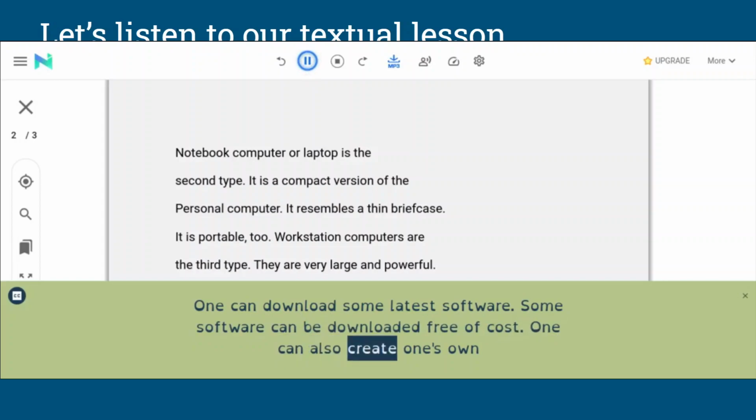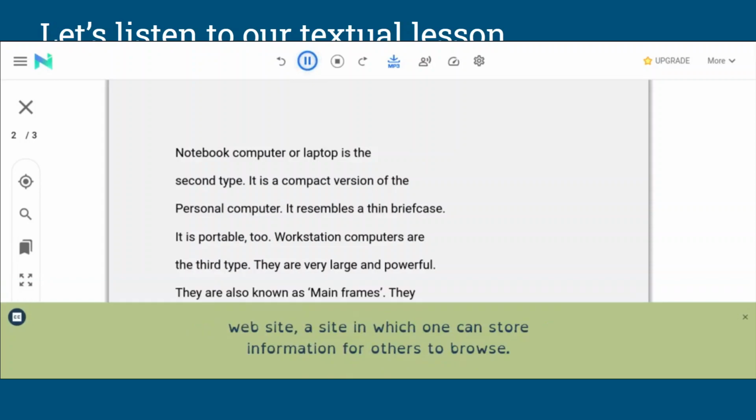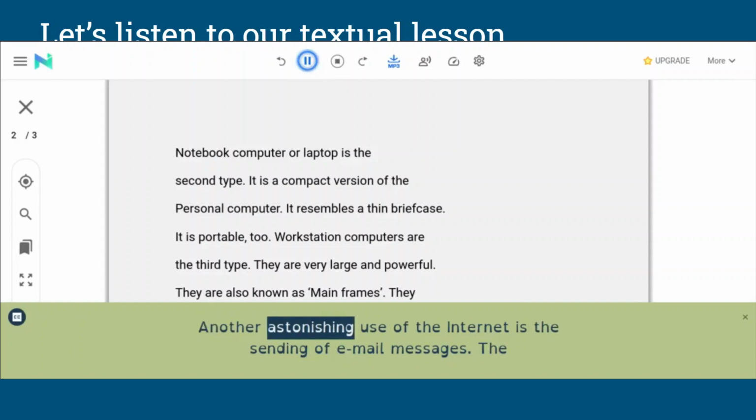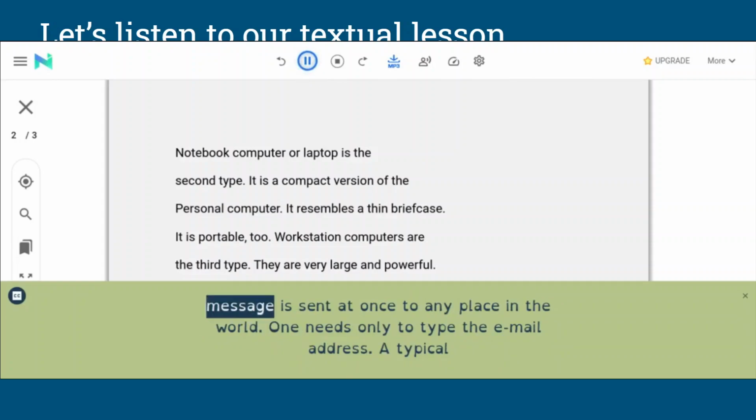One can also create one's own website, a site in which one can store information for others to browse. Another astonishing use of the Internet is the sending of email messages. The message is sent at once to any place in the world. One needs only to type the email address.